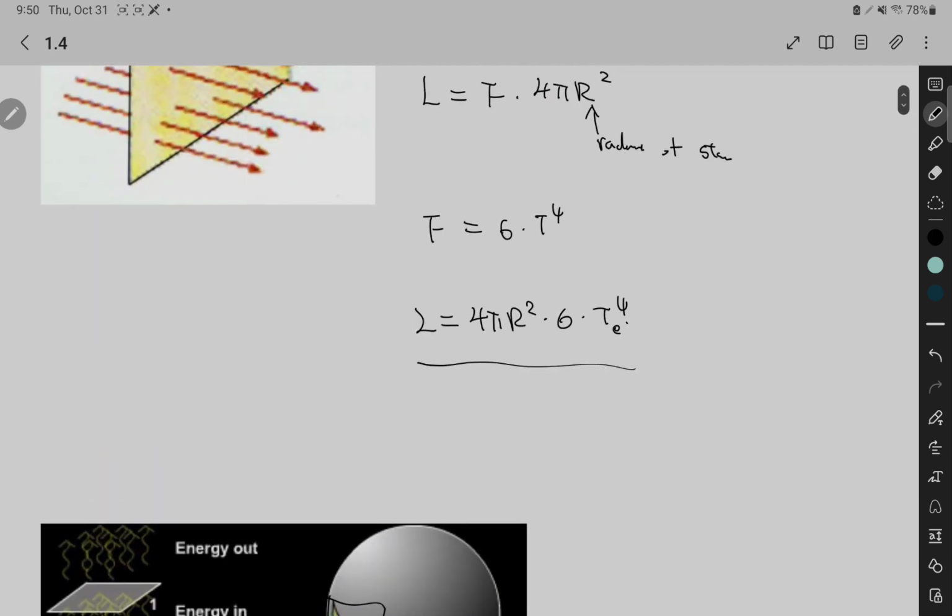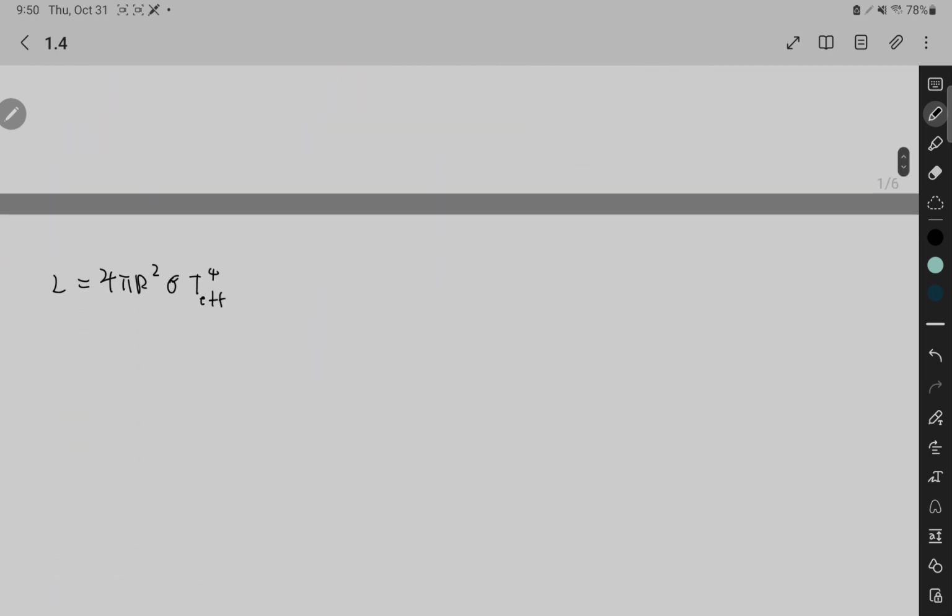With this formula, we can do a little bit of algebra to manipulate it. So L is equal to 4 pi r squared sigma T to the power of 4. I forgot to add eff under the T, which means the effective temperature, which in this case is the temperature at the surface of a star. If we move the 4 pi r squared sigma to the other side, we can get the formula for effective temperature.